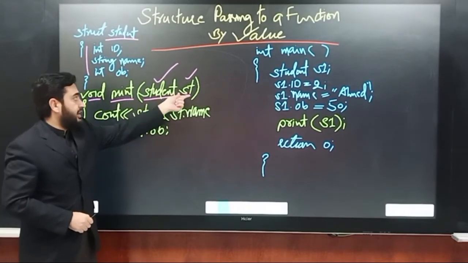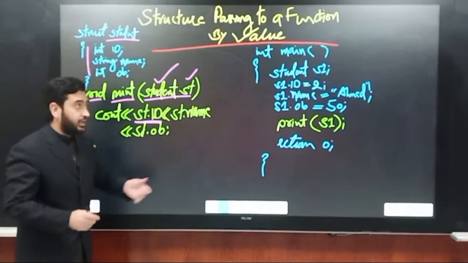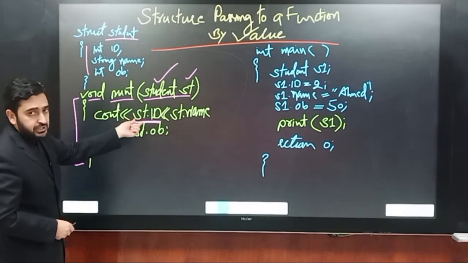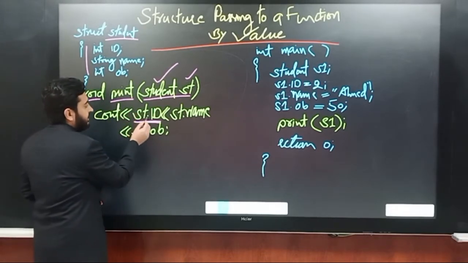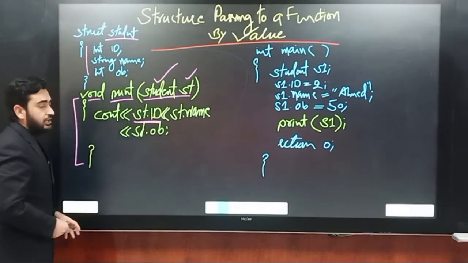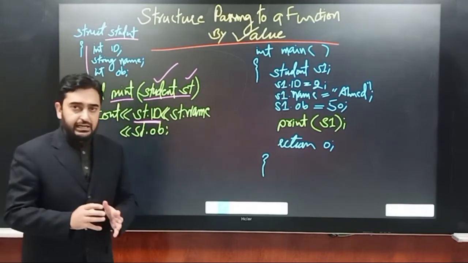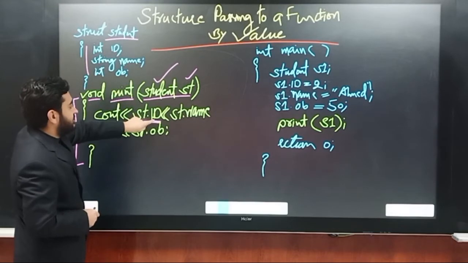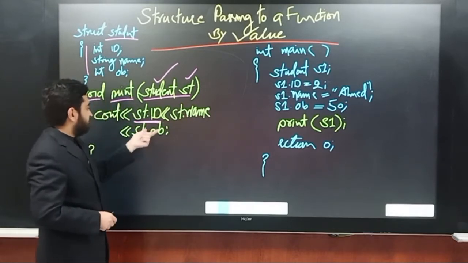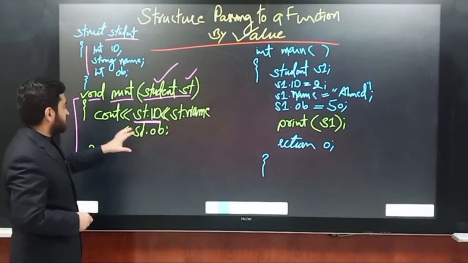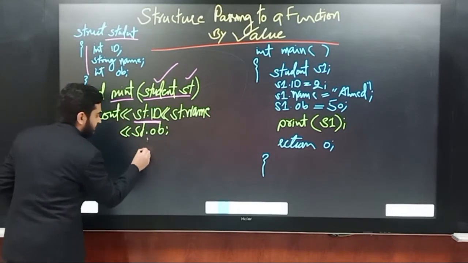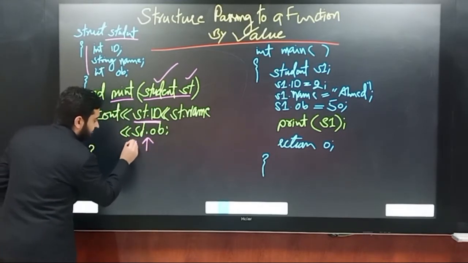This variable is also known as an object of the structure student. So st is an object with the dot operator, and then we call the data members of this structure: id, name, and ob. We have called all these variables by using the dot operator with the name of the variable.